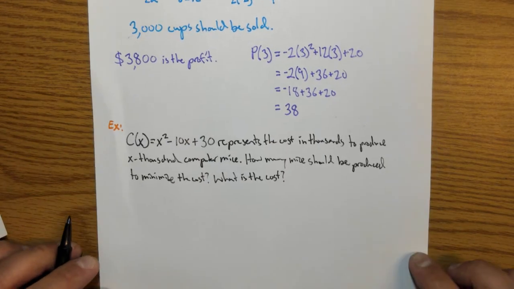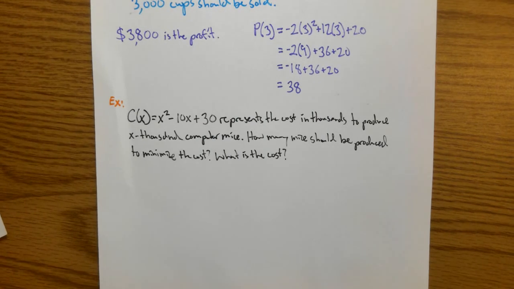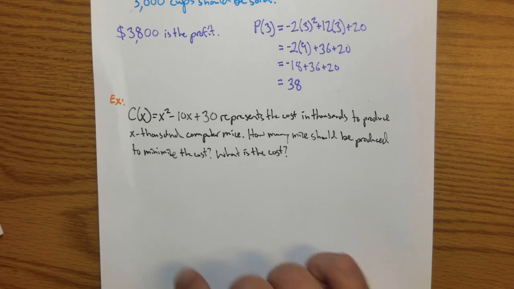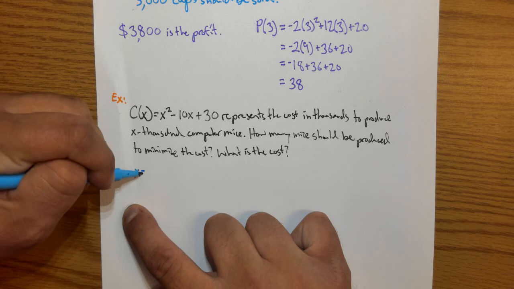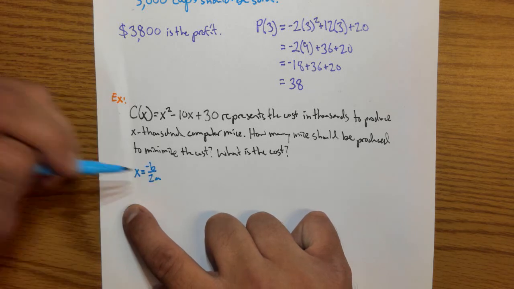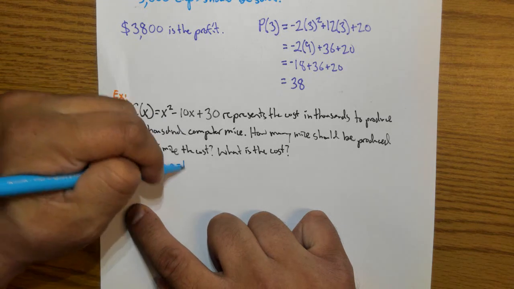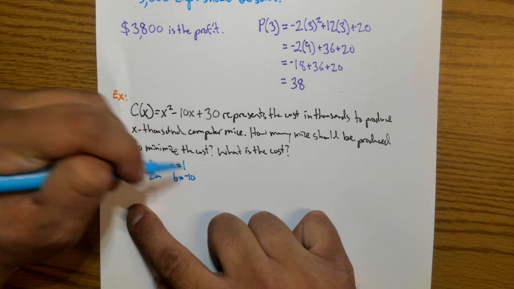Okay. So we're going to use the vertex formula to find the lowest point of this function, because that will be the minimum cost. We need to find the x value of where that's at. I'll just write it again. We need to find our a and b. A in this case is 1. B in this case is negative 10.